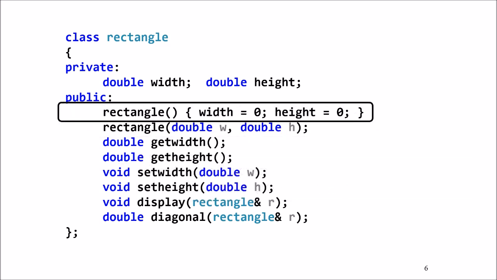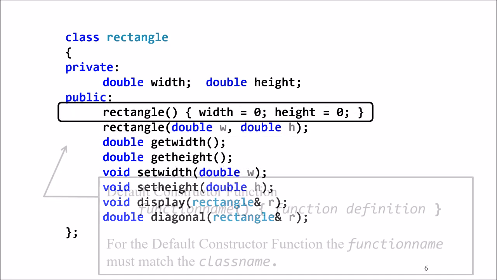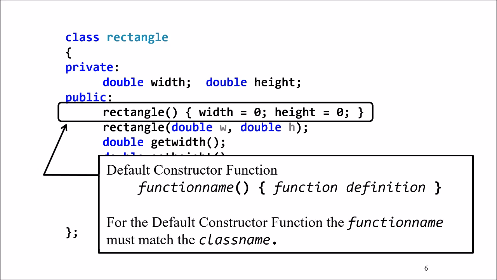The default constructor function takes the form of first the function name, which for a constructor function always matches the class name, and then the parameter list inside the parentheses. This takes no parameters, and in this case the entire function is described inside this listing, inside the curly braces.